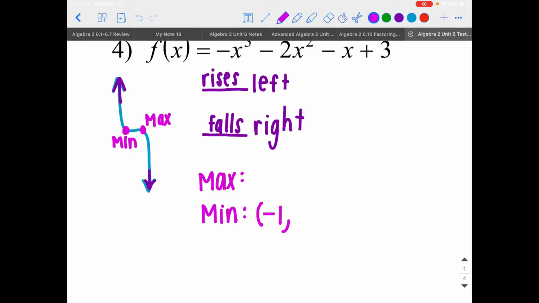It's negative 0.99999. So negative 1, 3. And then we click second trace again to go do the maximum. And it's negative 0.3, 3.1.